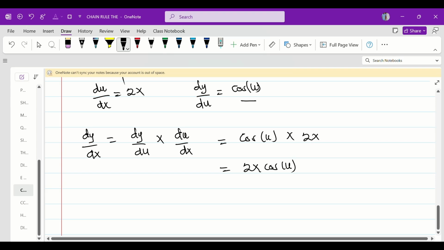But we said that our u is equal to x squared, so we do substitution. You get 2x cos x squared. So this is our final answer.